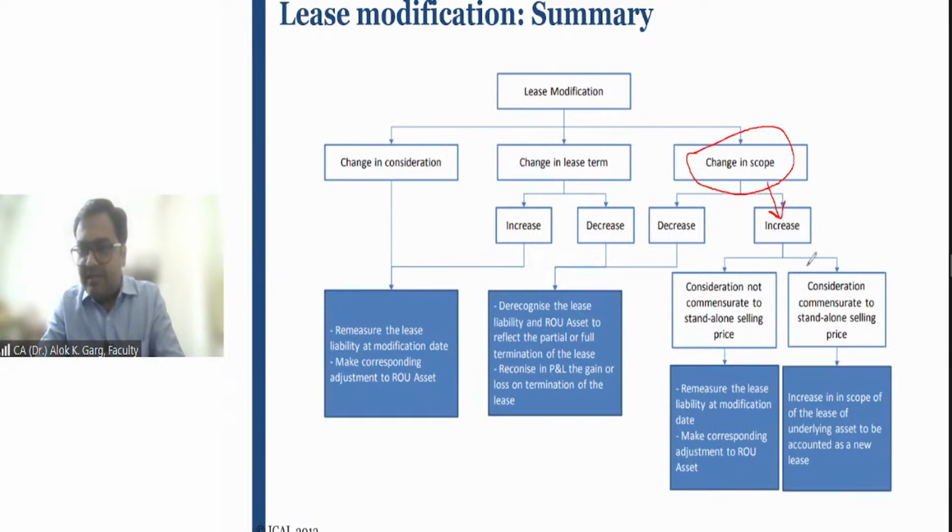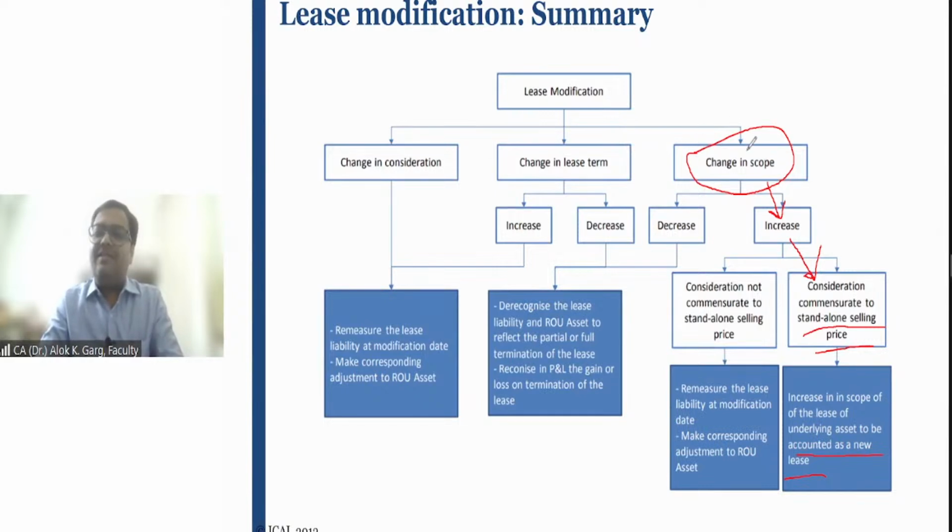Here, increase in scope, and the consideration is also commensurate, meaning in line with the standalone selling price, meaning the consideration is also in line with the market value of the lease rental for this additional scope, for this additional space. In that case, it has to be considered as a new contract, a separate contract, right?